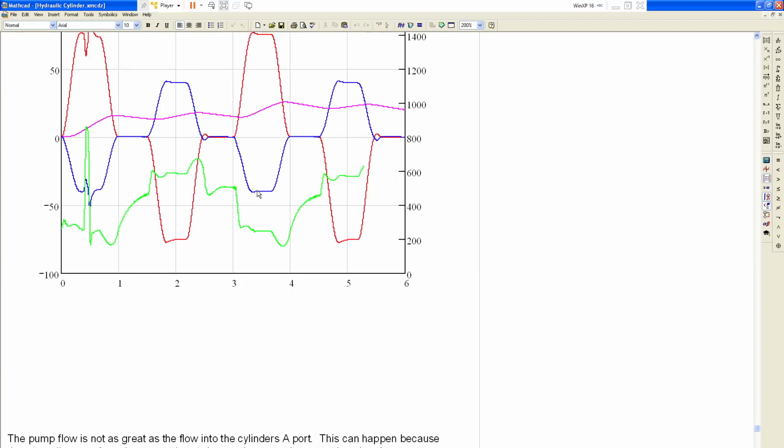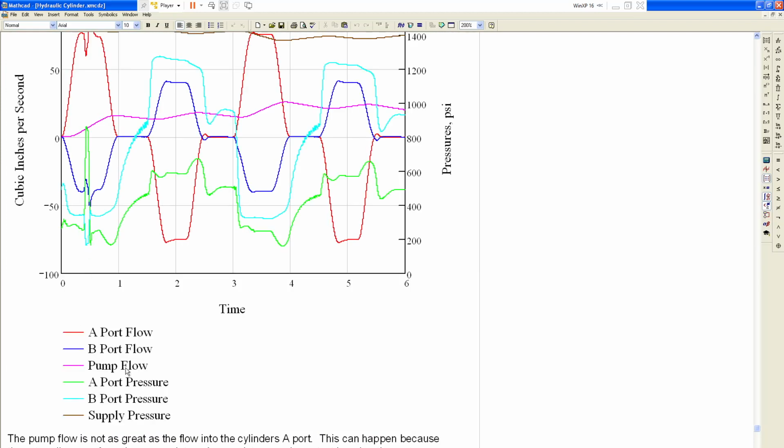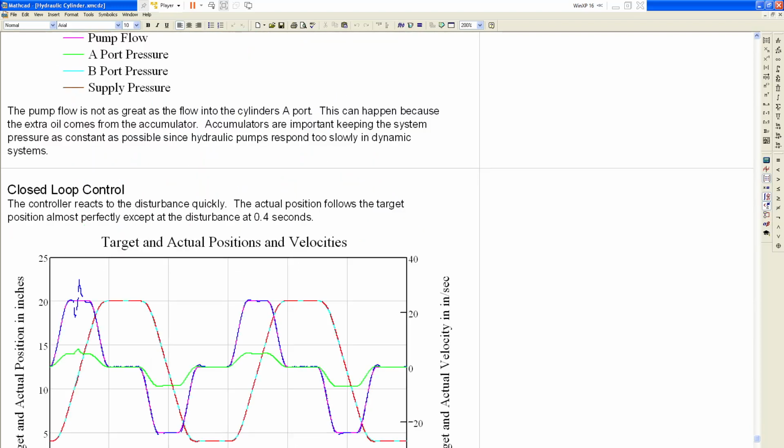And again, these are the pump flows and the supply pressure. And this is the position and velocity. So I've got target position and actual position here, and the target and actual velocity here. And you can see the control output where it responded to the impact.